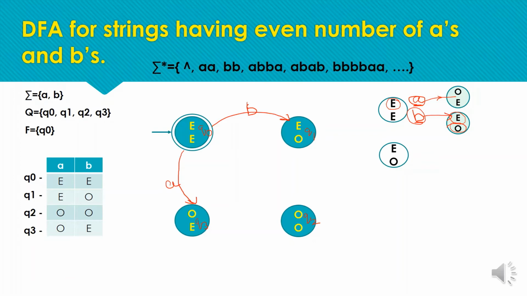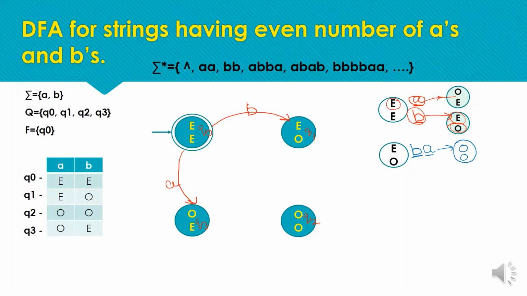Next, on the second state, that is the state with an even number of A's and odd number of B's, we have already received a B, which means we are on this state only if we have received a minimum of one symbol B. Next we have to mark the transition for input symbol A. On getting A at this state, the number of B's has not changed, the number of B's is still odd, but the number of A's has changed from even to odd.